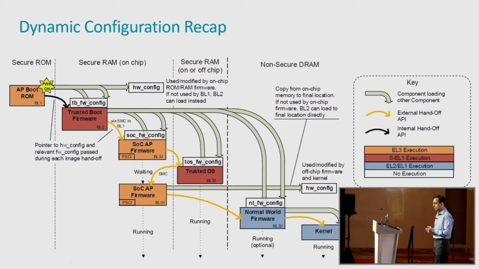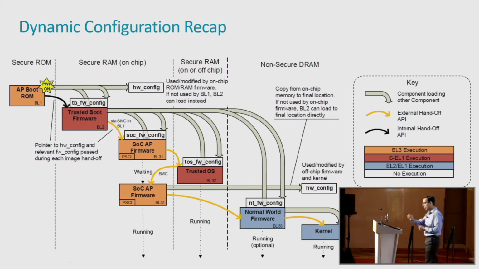For BL32, you have the TOS firmware config. For the normal world bootloader, there is an NT_FW config getting passed. The SW config is usually the Linux device tree. So the SW config can be made visible to all the bootloader stages, and they can make use of the information in the Linux device tree to configure things, or make some changes to the Linux device tree blob.